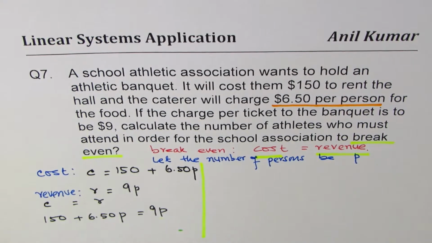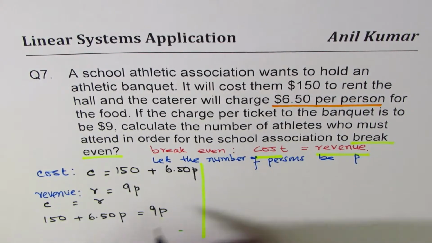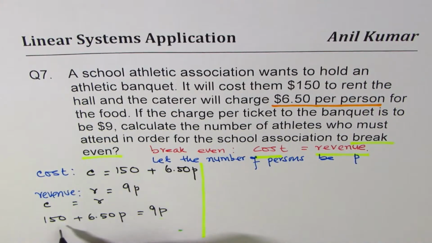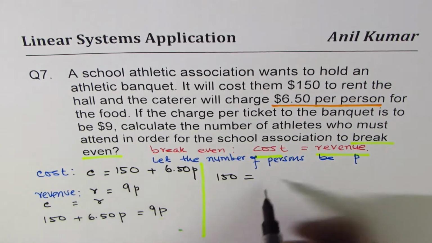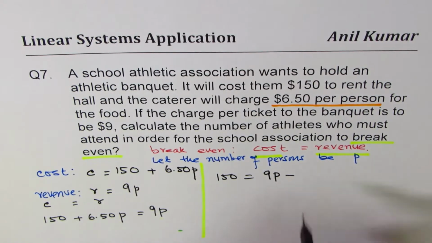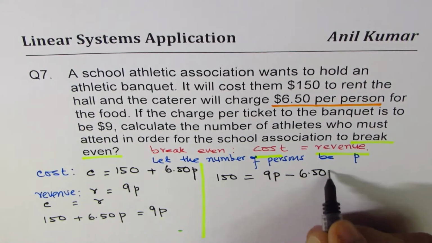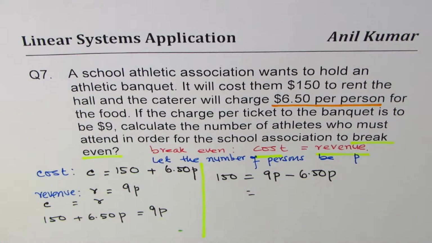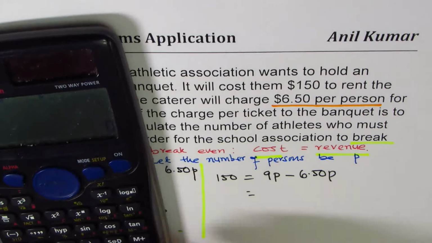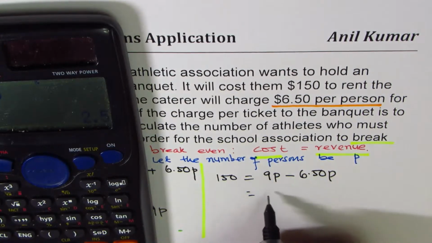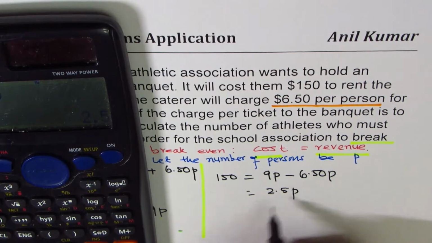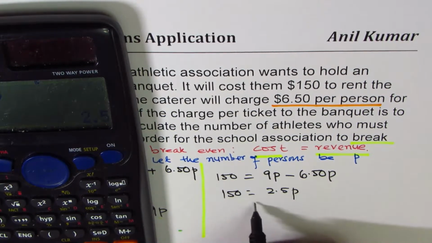So let's solve them. So we'll take cost, we'll split 150 on the left, which is a constant, 9P minus 6.50P. 9 minus 6.50, let's do it. 9 minus 6.5 is 2.5. So we get 2.5P equals 150.